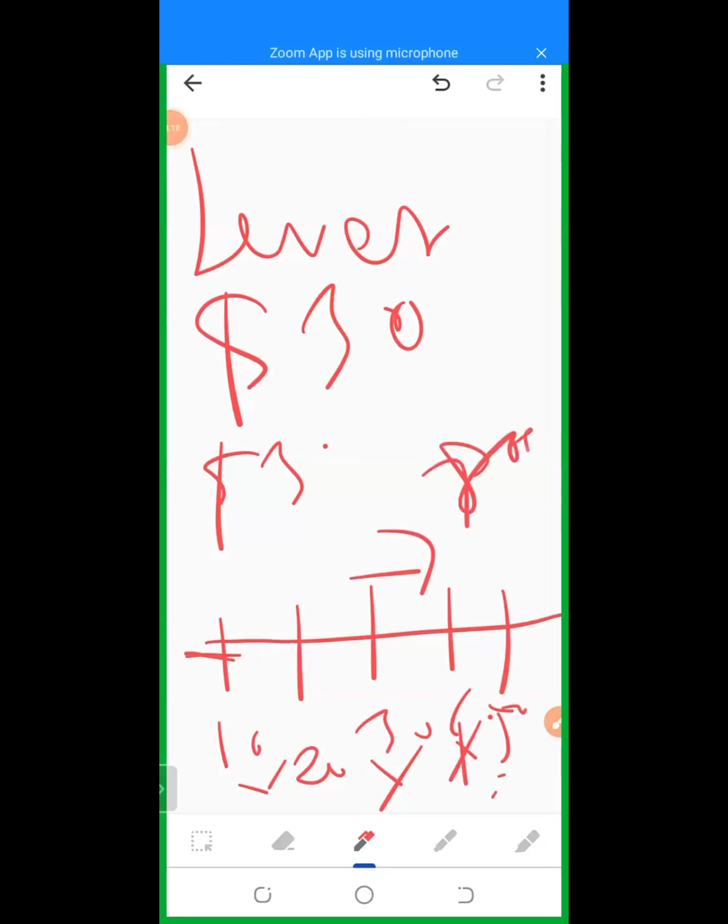Meaning that if you want to get 10x, that means you want to get $30 to trade. If you want 20x leverage, that means you get $60 to trade. If you want 30x leverage, that means you use $90 to trade. If you want 70x leverage, that means you use $210 to trade, because 70 times 3 is 210.